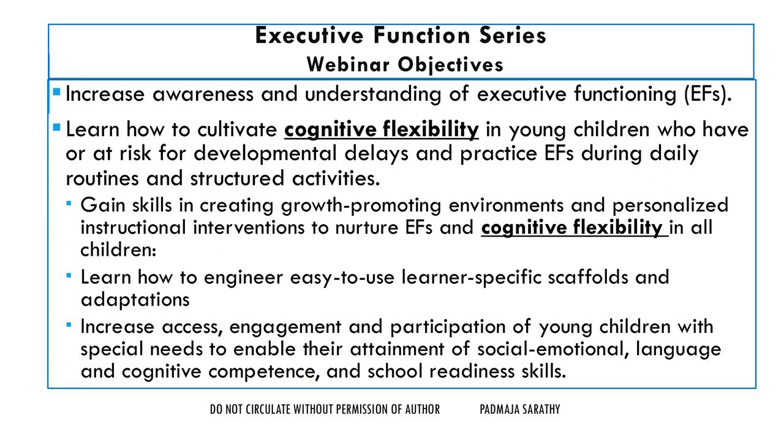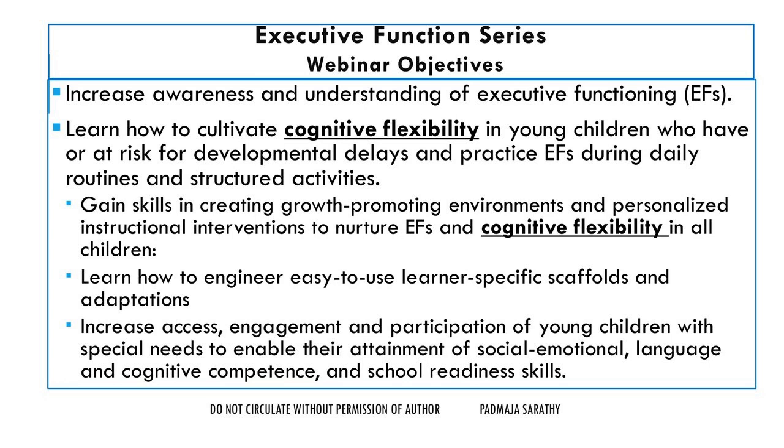So the last two webinar sessions, the first one focused on how do we strengthen working memory, one of the components of executive function. And the second one focused on inhibitory control, impulse control.